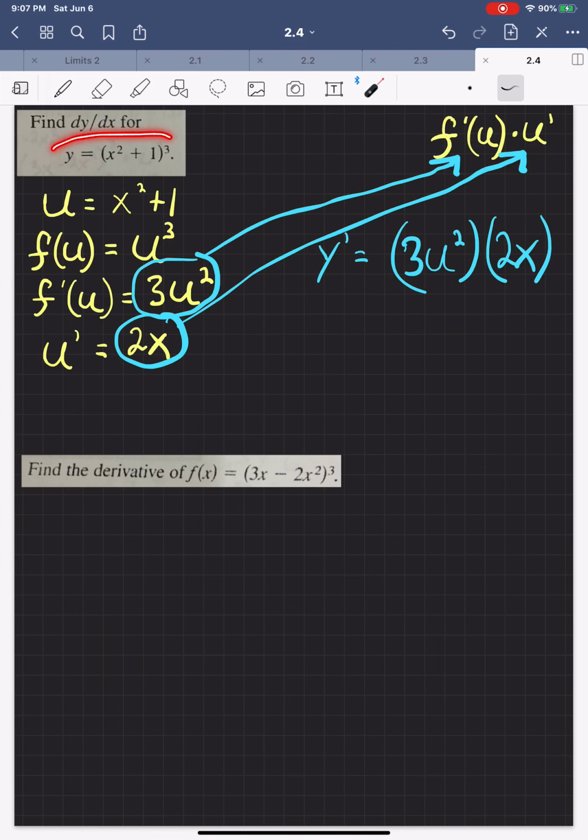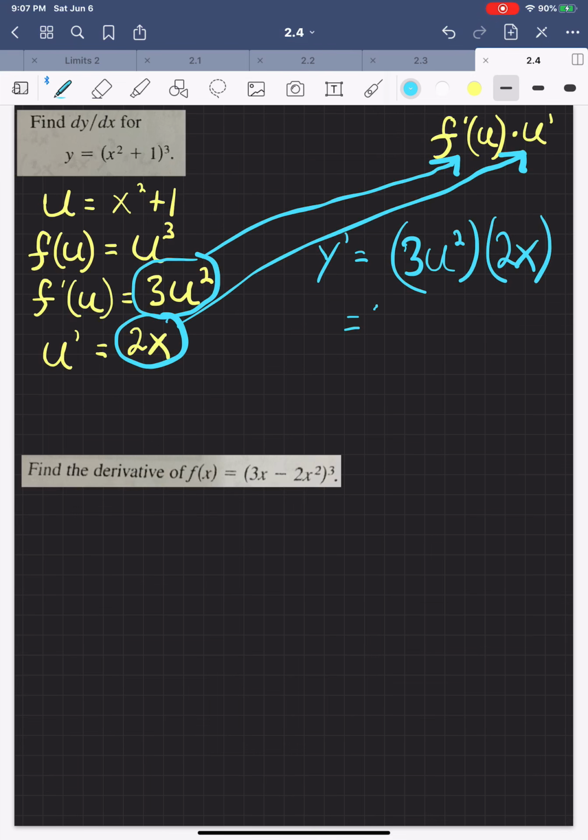They understand x and y because that's what their equation is expressed in. So we need to get back to being in terms of x. We use this substitution to make the derivative easy, but when all is said and done, we have to take x squared plus 1 and put it back for u. So let's do that right now.